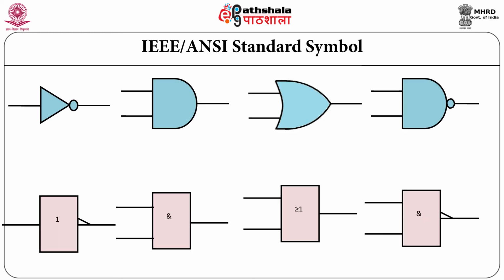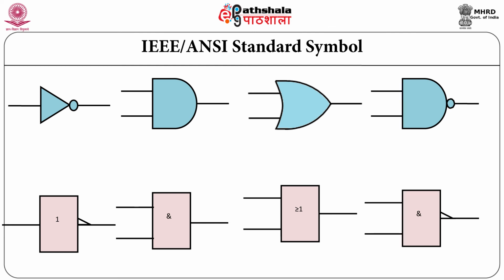The AND symbol inside the rectangular shape indicates the AND gate, and the output will be active high when both the inputs are in active high state. The greater than or equal to symbol inside the rectangular shape indicates the OR gate, and the output will go active high when one or more inputs are in active high state.